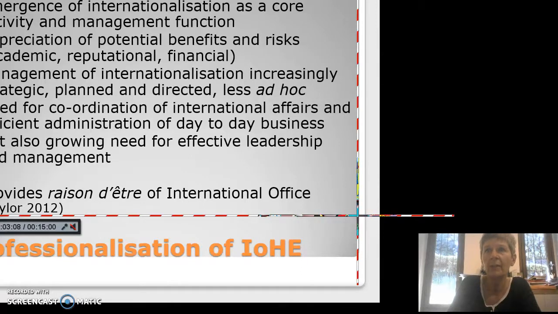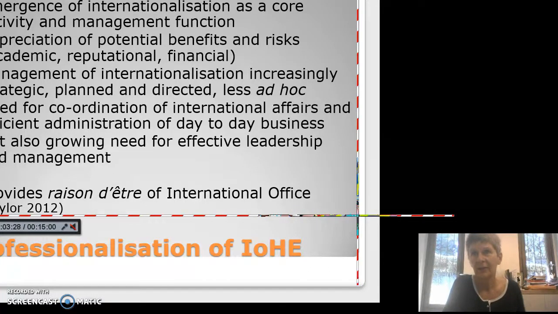So very often we have seen, as internationalization becomes more comprehensive, that the Internationalization Office itself grows in importance, moves more to the center of the organization, perhaps in the organization chart, sits closer to the senior management team, to the rector, president, vice chancellor, however that role might be defined in your institution.